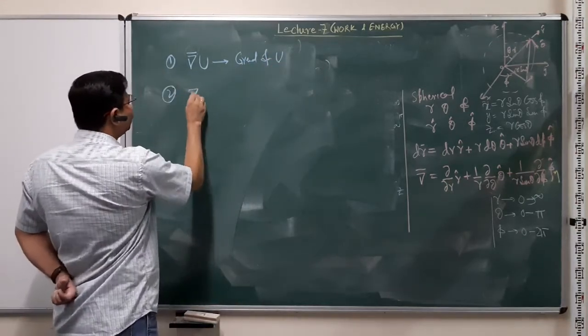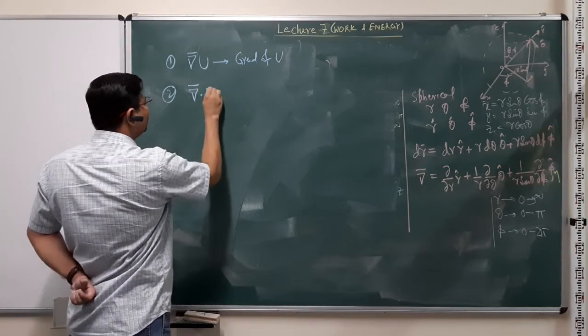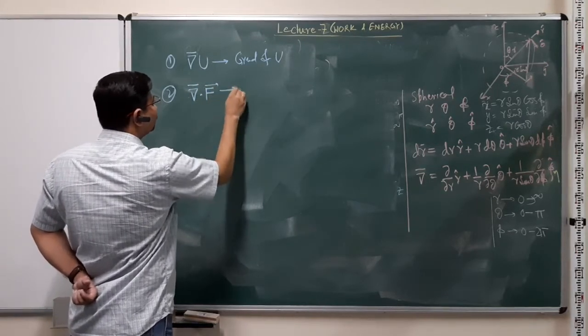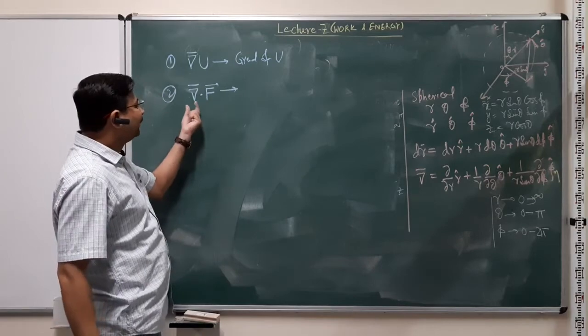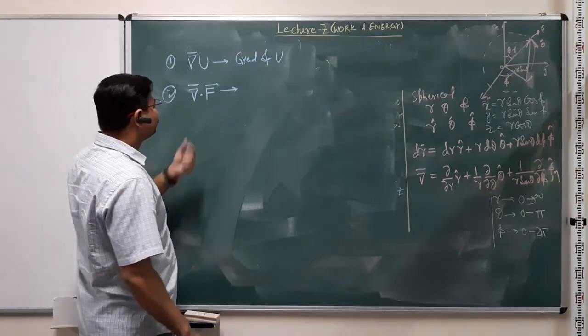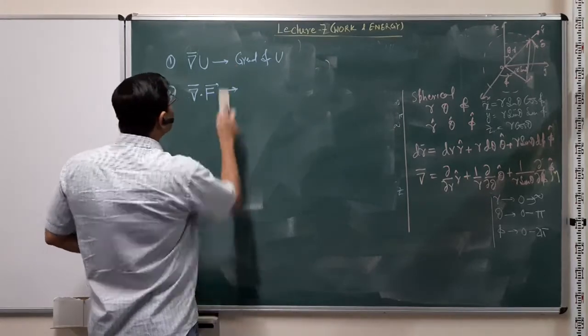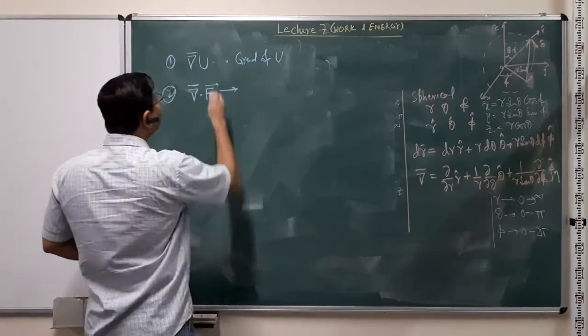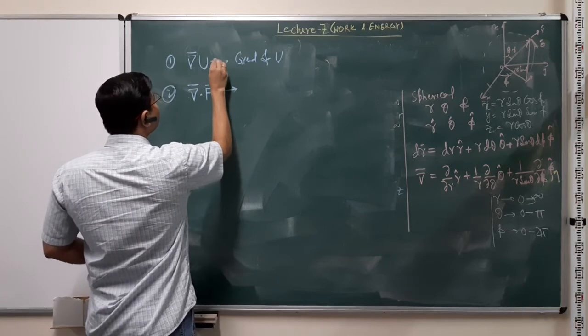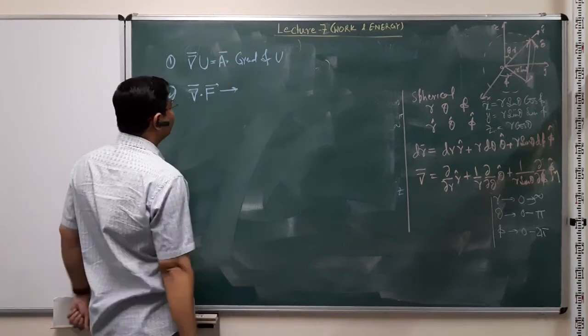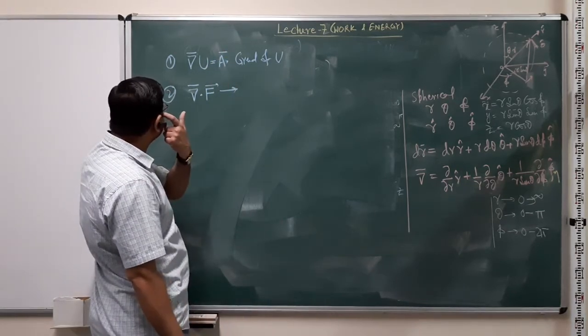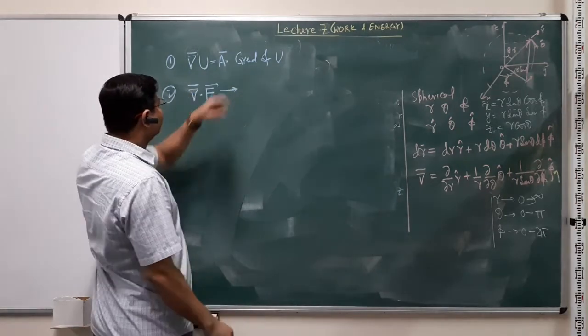We can also write down del dot f. So we can take a dot product between del and a vector. It's a valid dot product. So the gradient of a scalar will give you a vector. Del u is a vector.